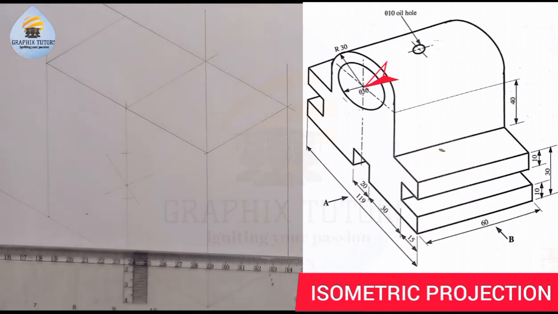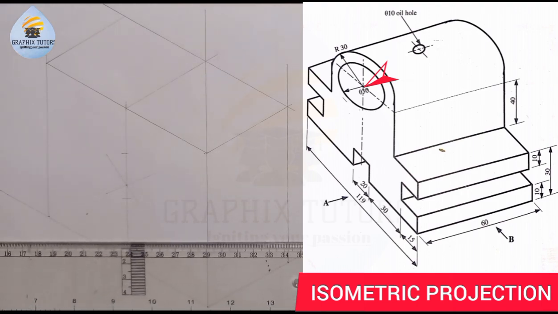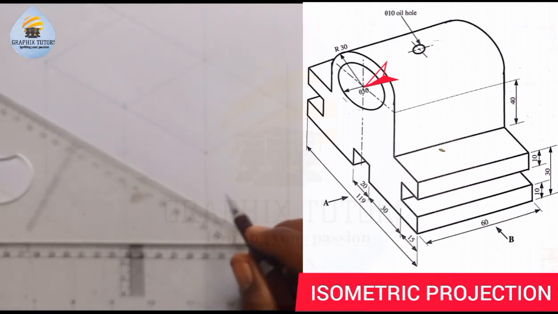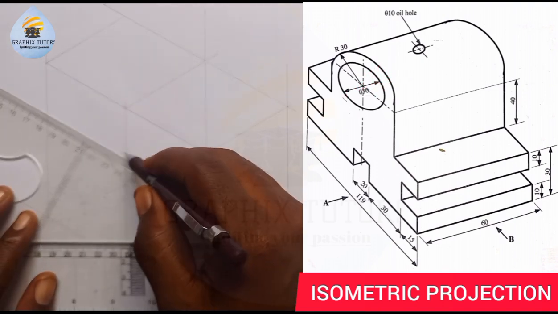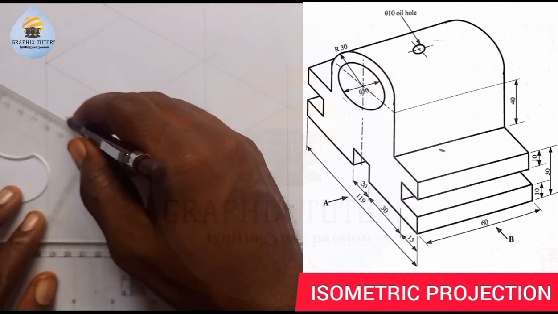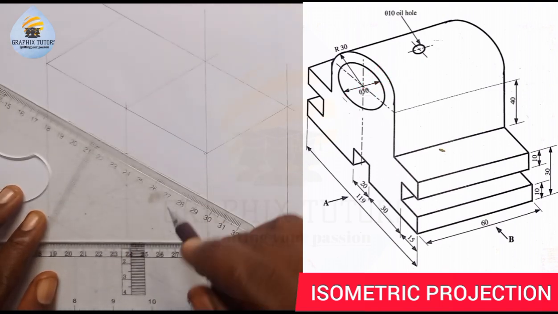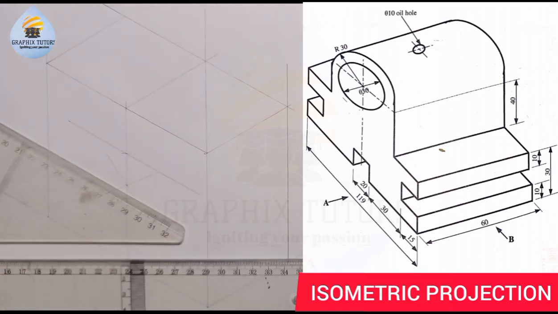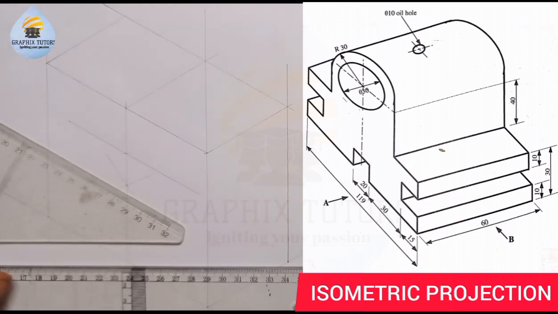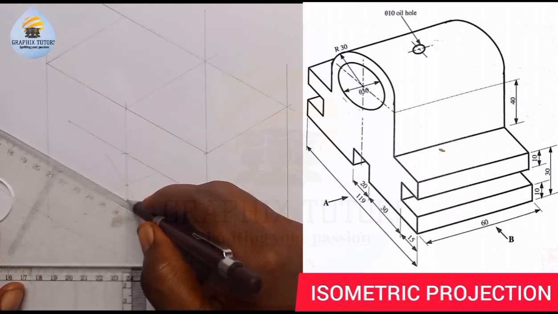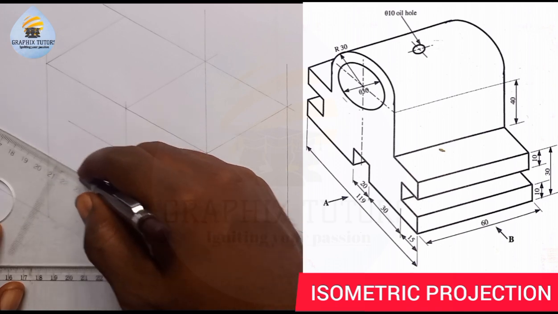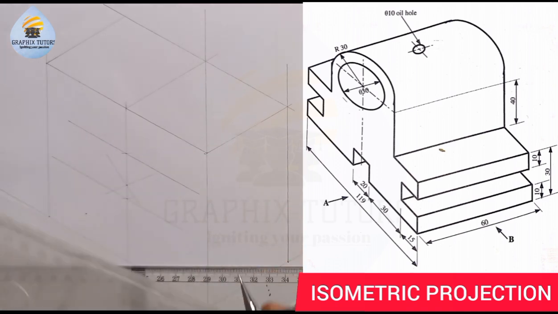Altogether, I'm going to draw a line that is parallel to this with my set square. I'll draw it this way. You can see that, and I'll come here also. I'll do the same thing too at this point. You can see that.